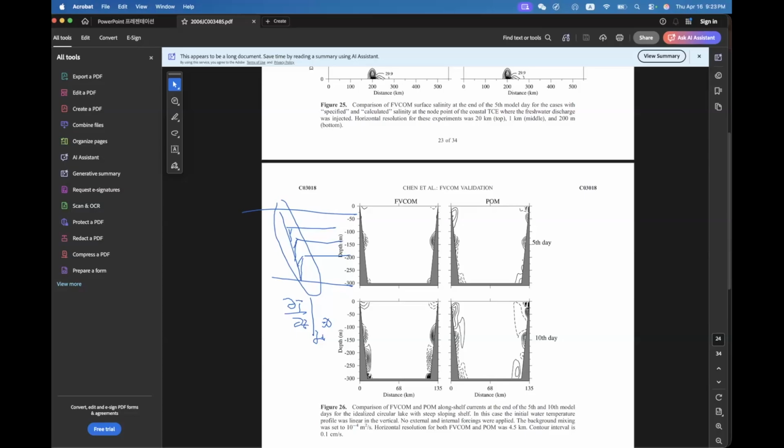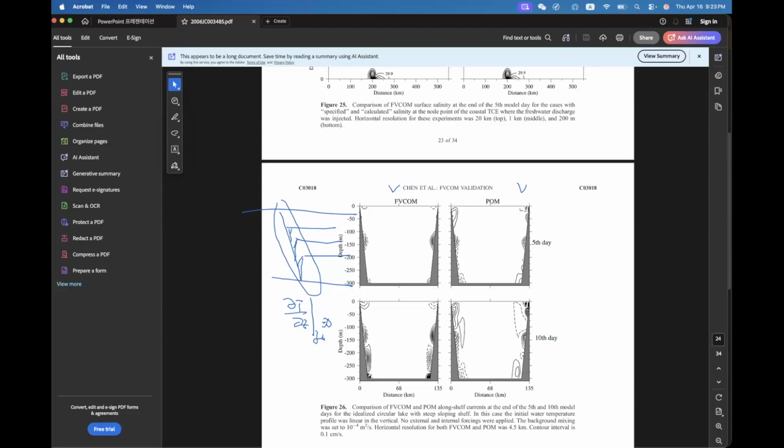If I make the resolution 4.5 kilometer, I can produce motion like this. Both POM and FVCOM, the structured grid model, have a circulation like this, but this circulation is not the true circulation. It's partially true, partially sigma error.